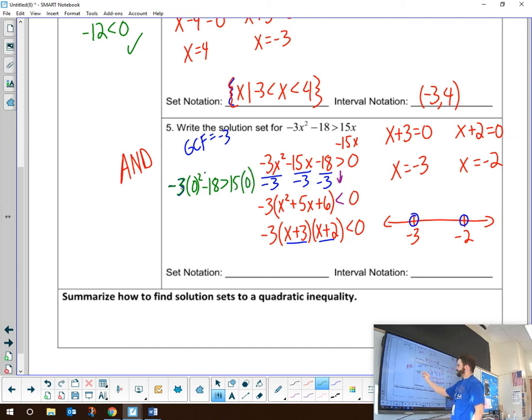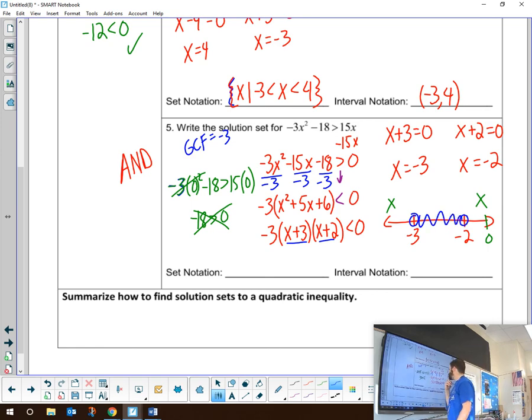Okay, that just makes 0. So we just have a negative 18 is greater than 0. So is negative 18 greater than 0? No. So wherever 0 is, it's not that. So it's not going to be this side either, and we're just going to fill in the middle.